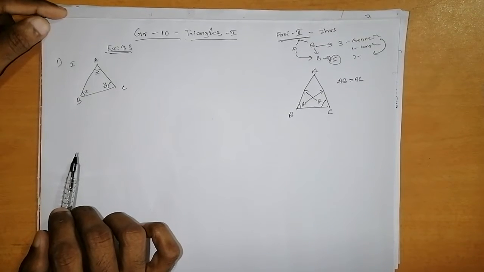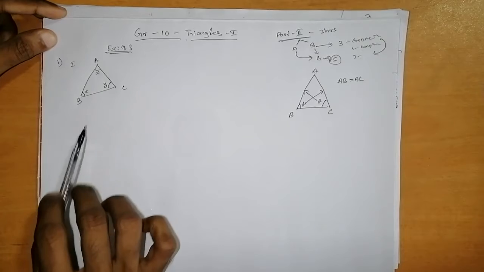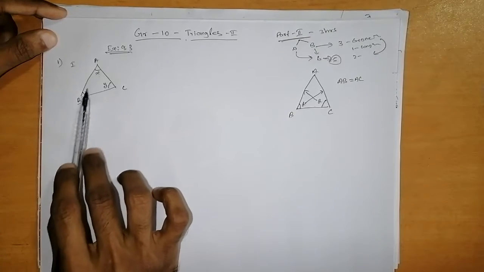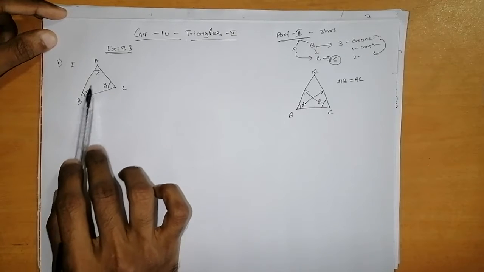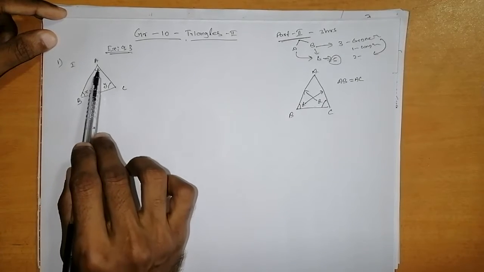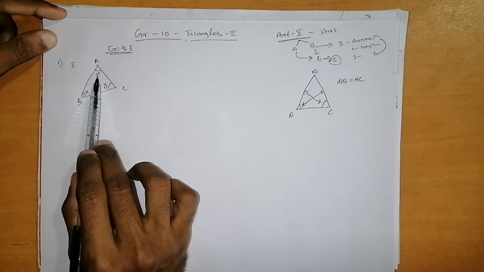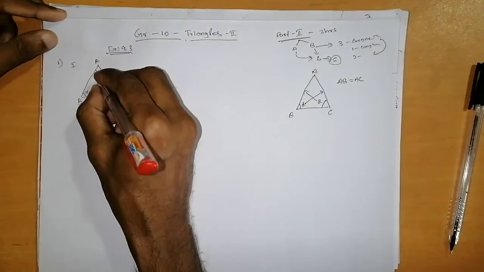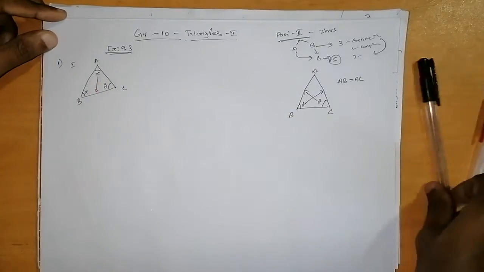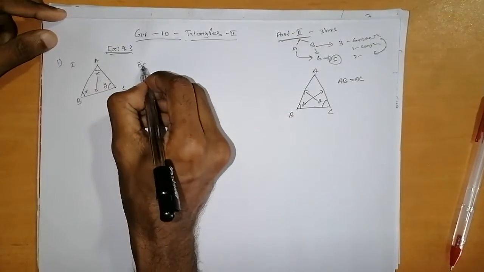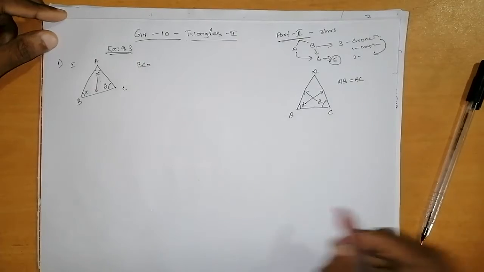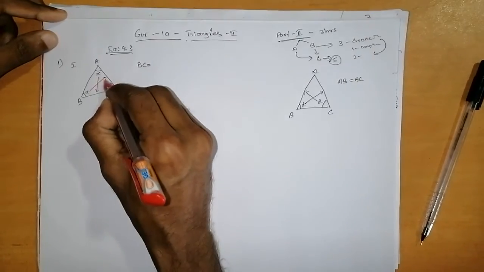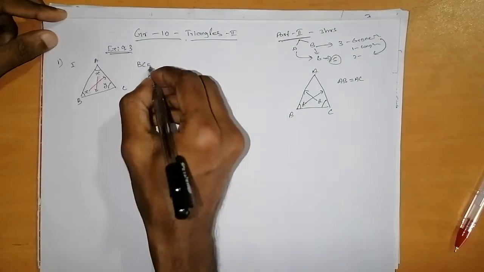In triangle ABC, two angles are equal, the magnitudes mentioned as x. What is the opposite side of one of the x? It is BC. What is the opposite side of the other equal angle? The other x is opposite to the side AC.